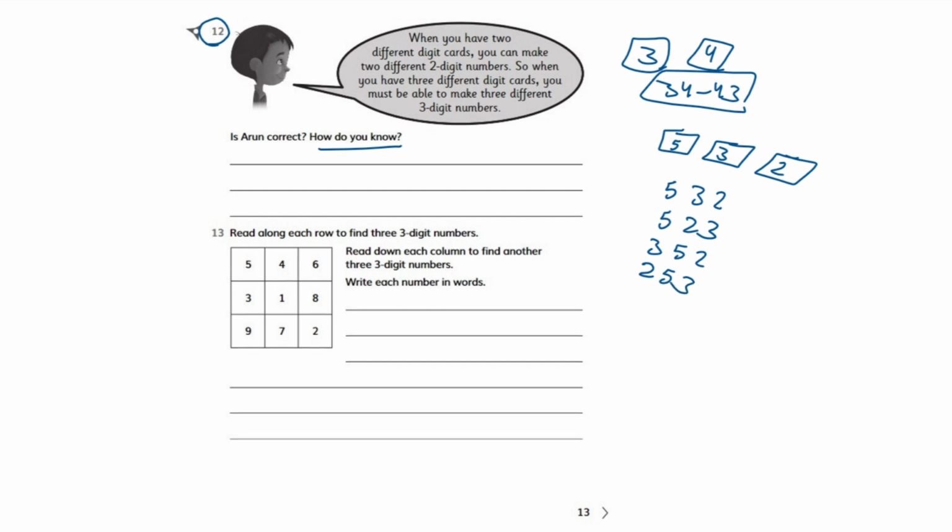We can even make more than 3. So we can say, yes, he is correct. He says, you must be able to make three different three-digit numbers. I can say he is correct because we can even make more than three different three-digit numbers.